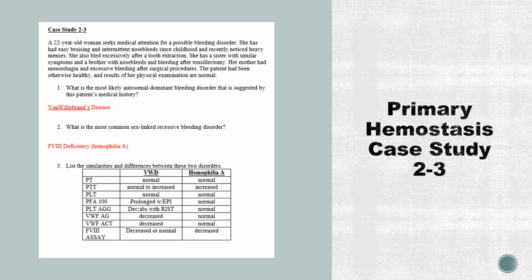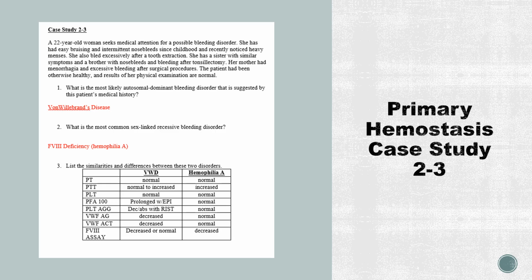She has a sister with similar symptoms and a brother with nosebleeds and bleeding after tonsillectomy. Her mother had menorrhagia and excessive bleeding after surgical procedures, and the patient had been otherwise healthy, and results of her physical exam are normal. Okay, so in this case, we are not given too much information about her laboratory results, but let's see what they want.